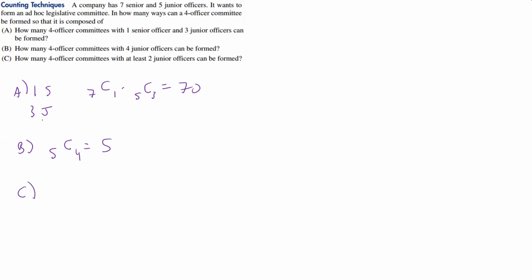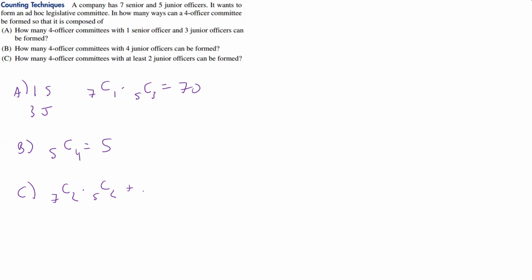And finally, for C, how many four-officer committees can be formed with at least 2 junior officers? All right, so we have to think about that. We're going to start with 2, and then we could do 3, and then we could do 4. If we do 2 to start with, that means we're going to have 7C2, because we could have 2 seniors, multiplied by 5C2, the 2 juniors.